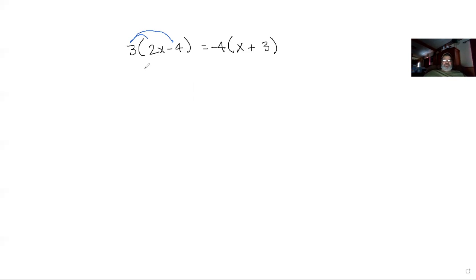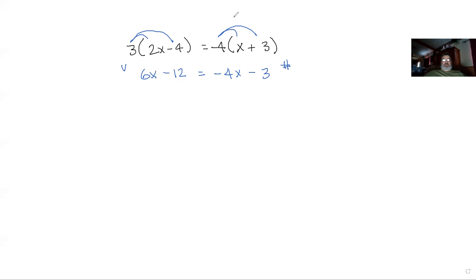So this is going to give me 6x and a negative 12. Okay. I'm going to do the same thing here. I'm going to have a negative 4x minus 3, because negative times a positive gives us a negative. So now we're right back to where we were in the previous exercise.